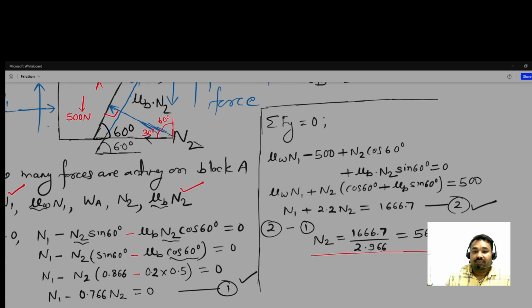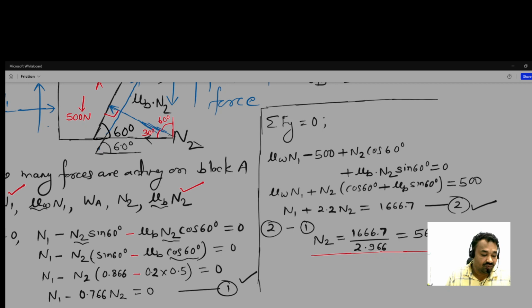And from here, can we get N1? Definitely we can get N1 by putting N2 in equation 1.